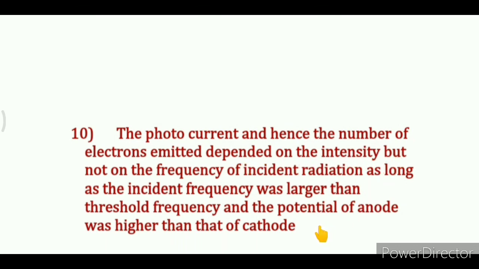It depends on frequency only if the incident frequency is greater than the threshold frequency. If the incident frequency is not greater than the threshold frequency, the photoelectric current will not depend on the frequency of incident radiation. The photocurrent also depends on the potential of the anode, which must be higher than that of the cathode. That's why, if and only if the potential of the anode is higher than the cathode, current flows in the circuit and we can observe the photoelectric current.